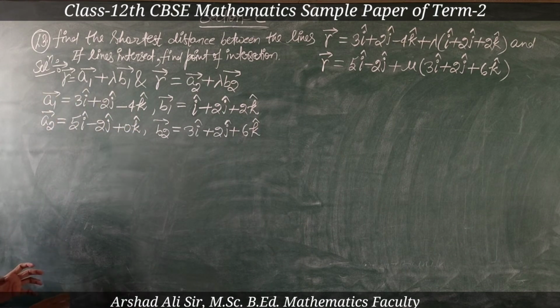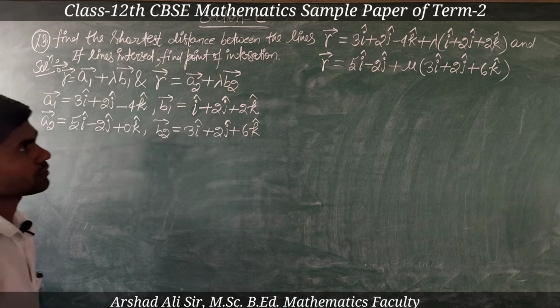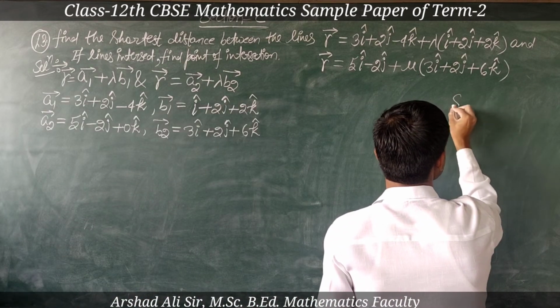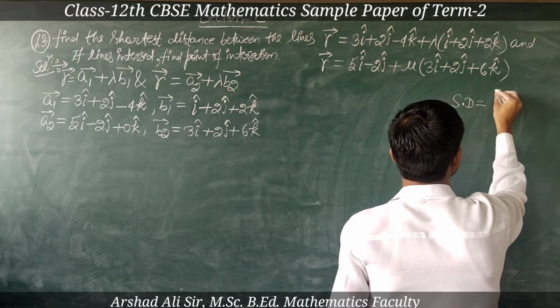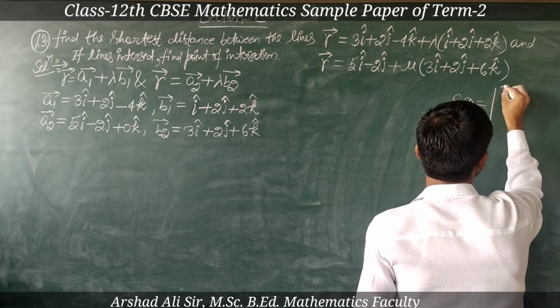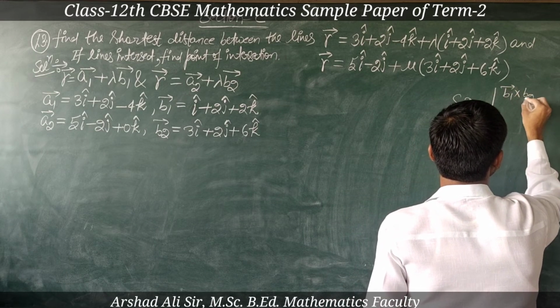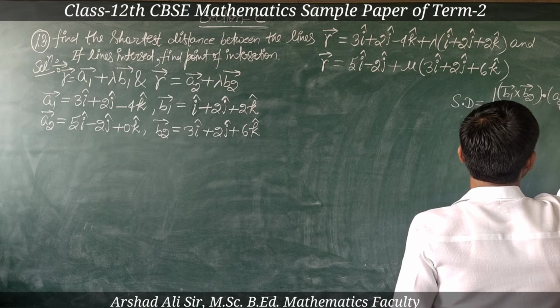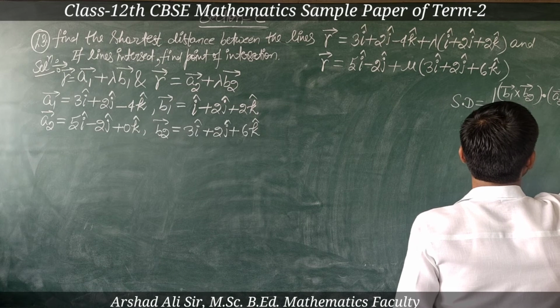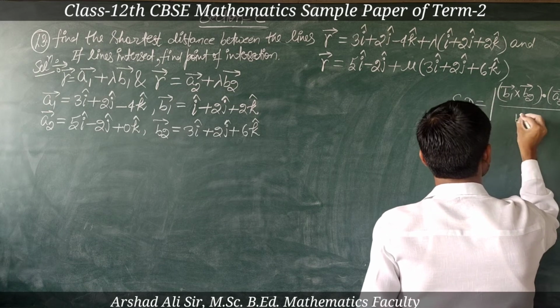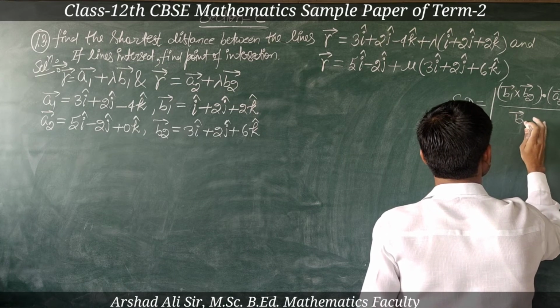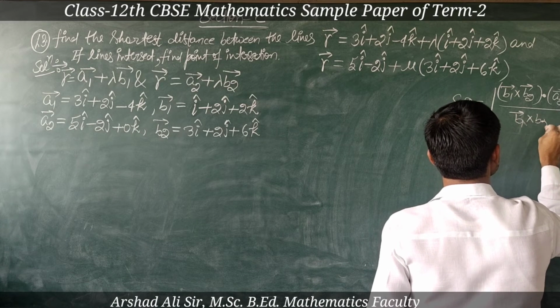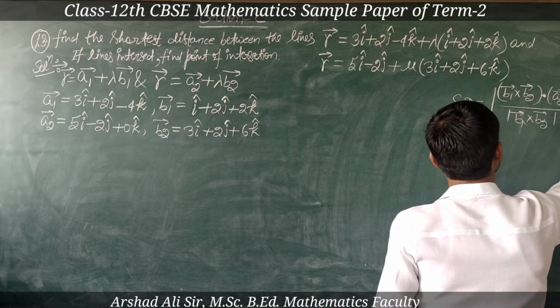So for shortest distance, there is a formula of shortest distance. You can see here, SD is equal to mod of B1 cross B2 dot A2 minus A1 upon B1 cross B2 mod.